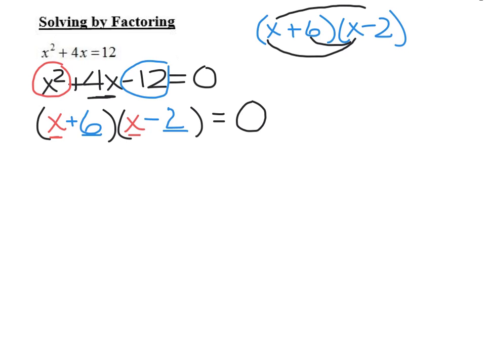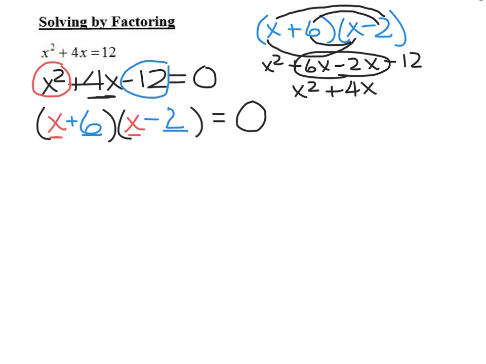X times negative 2 is negative 2x. Let me actually write all of those down. And then 6 times negative 2 is negative 12. And so combining those middle terms is x squared plus 4x minus 12, which is the expression that we started with on the left-hand side.